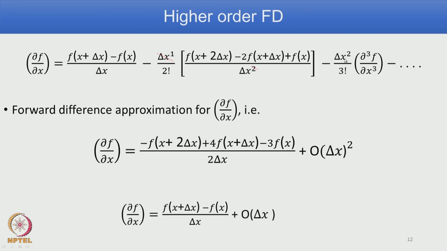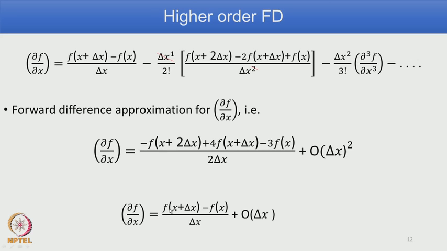After dividing by delta x, you find this is delta x squared, the term that is not considered becomes order of delta x squared, and you can compare with the expression we got in the first step, considering only the first term.